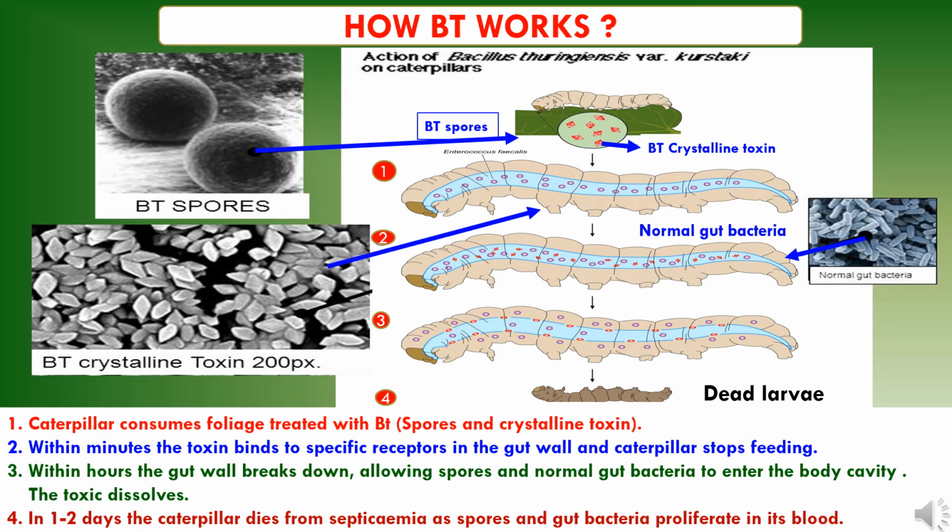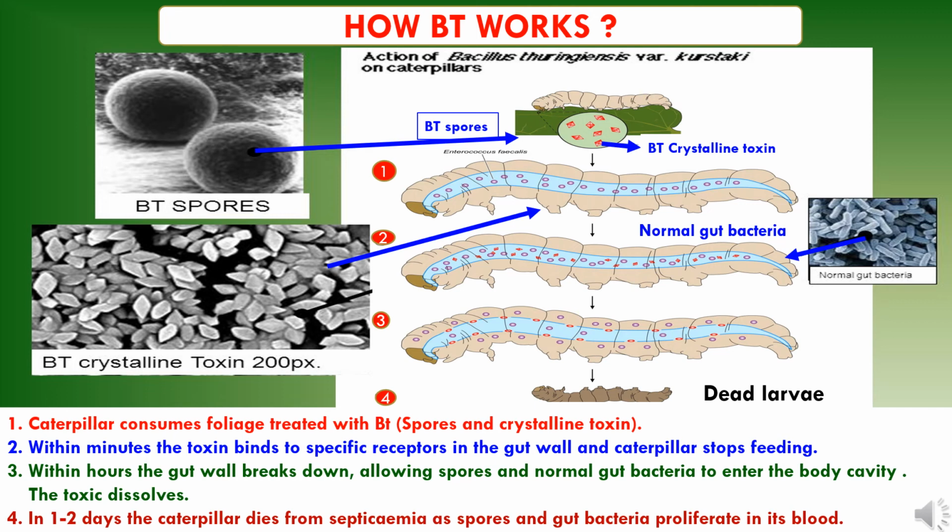Now to study how BT technology works. In case of cotton where BT technology has been developed, the crop is inoculated with the BT gene, where the spores and crystalline toxins are inserted. When a caterpillar consumes foliage treated with Bt, within minutes the toxin binds to specific receptors in the gut wall and the caterpillar stops feeding.